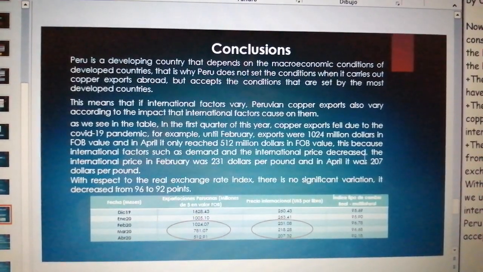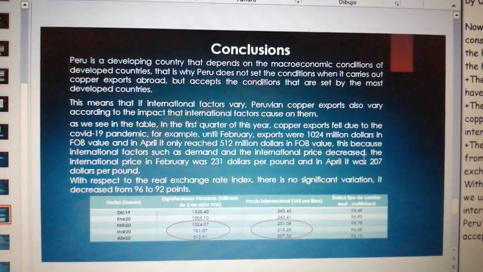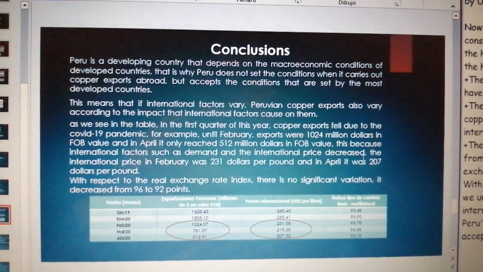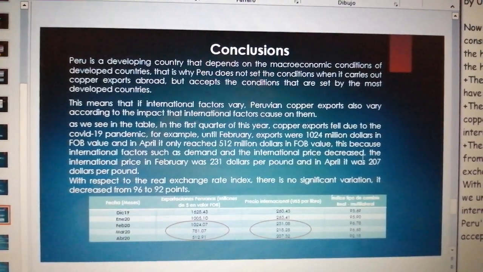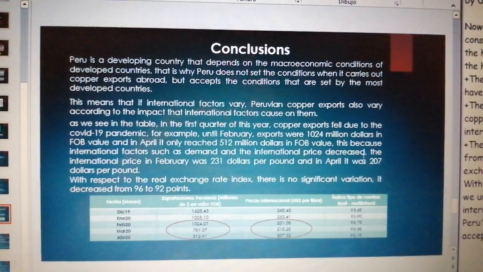This is because international factors such as the demand and the international price decreased. The international price in February was $231 per pound, and in April it was $207 per pound.